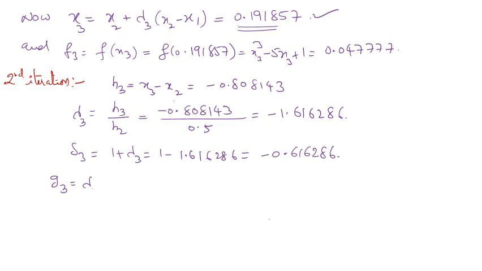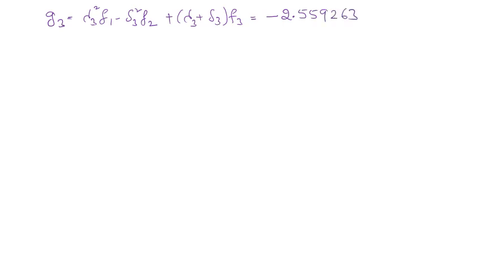Next value, G3 value. G3 formula: lambda 3 square into F1 minus delta 3 square F2 plus lambda 3 plus delta 3 into F3. Substituting every value, the result is minus 2.559263. Next, the C3 value.